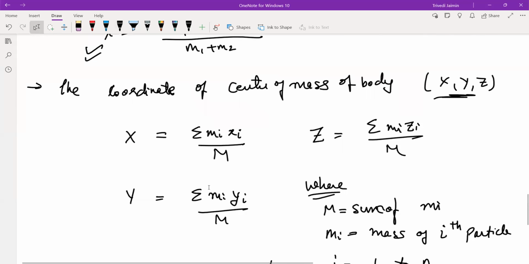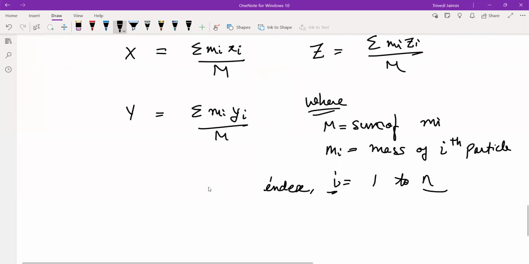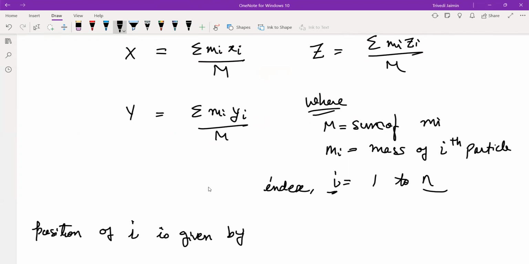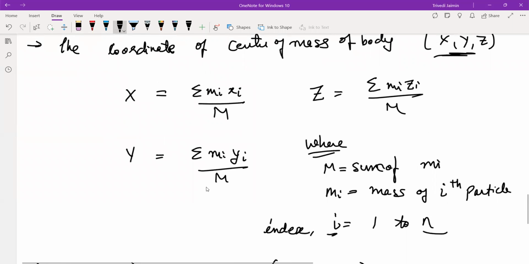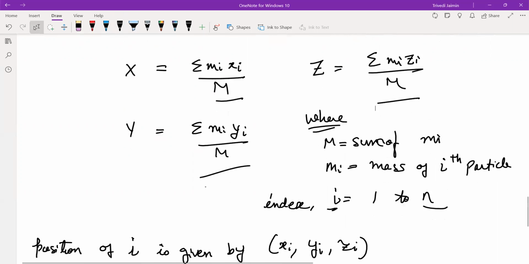The position of i is given by xi, yi, and zi. So x is here, y here, z here.